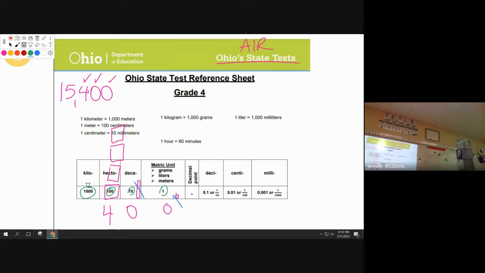Okay. So here's what we're going to do. We're going to improvise momentarily. So does this look like 2 square tissue boxes? Yeah. Great.